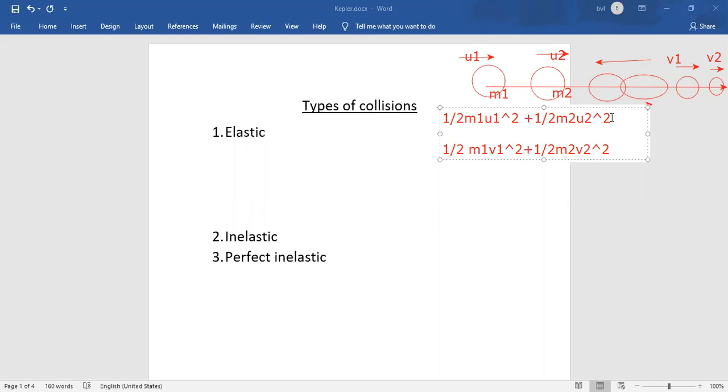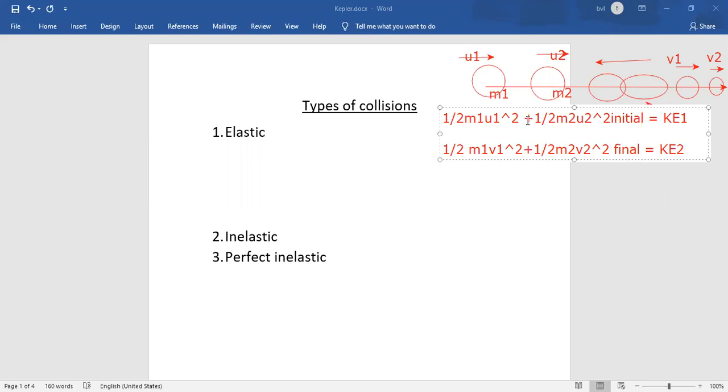So this is initial and this is final, after the collision. We denote the total initial kinetic energy before the collision for the system as KE1, and the final one as KE2.